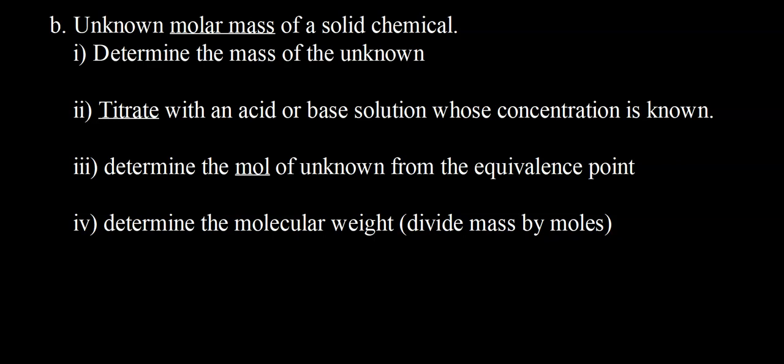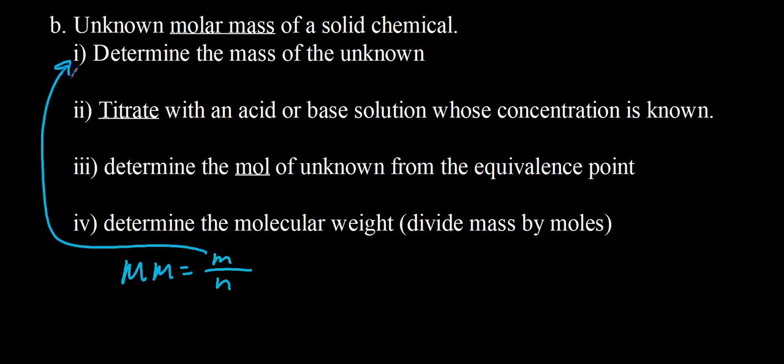And then once we know the mass of the unknown acid or base and moles, take those and divide them. Remember, molar mass is mass of the substance divided by moles. So mass, we measure that. Moles, we calculate using the concentration and volume of our titrant.